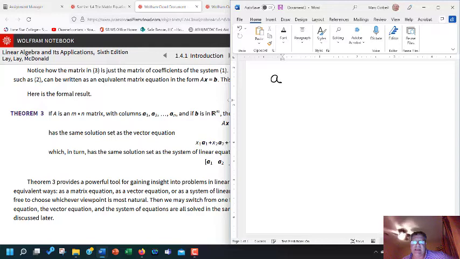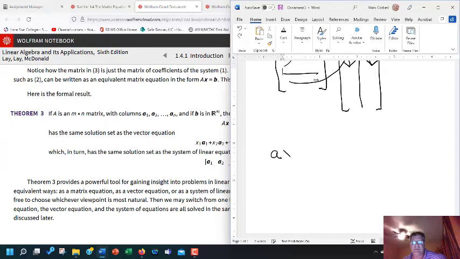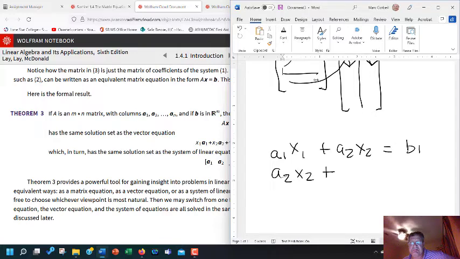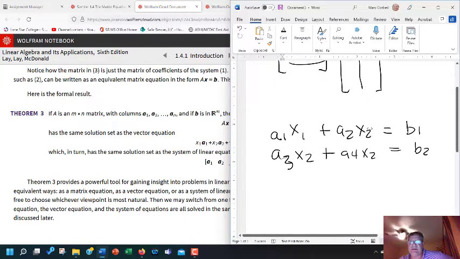Let's write that as a1 x1 plus a2 x2 equals b1, and then a3 x1 plus a4 x2 equals b2. Notice this is 2 equations, 2 unknowns.